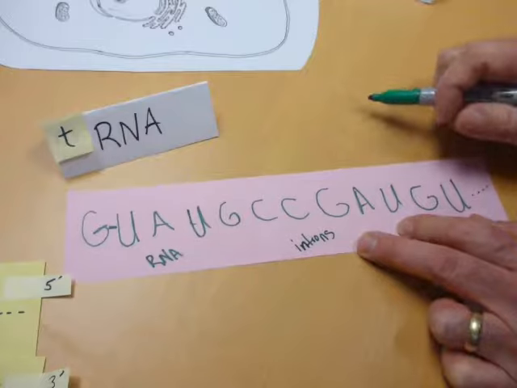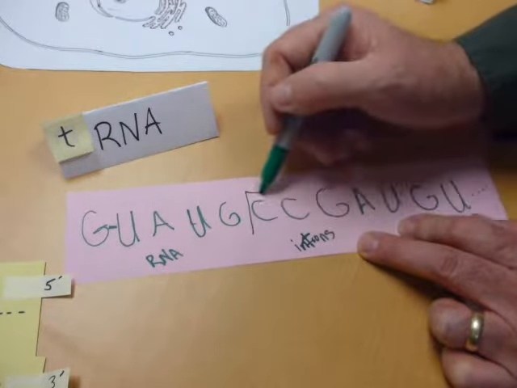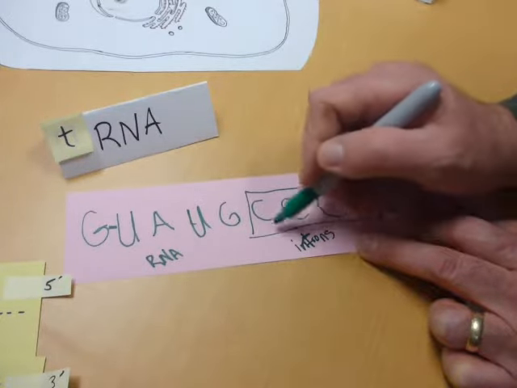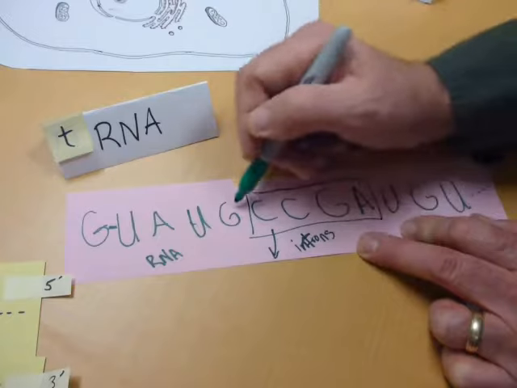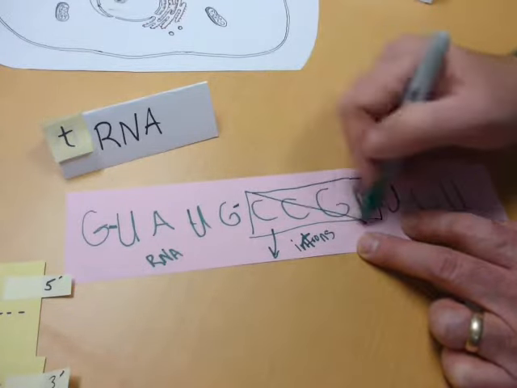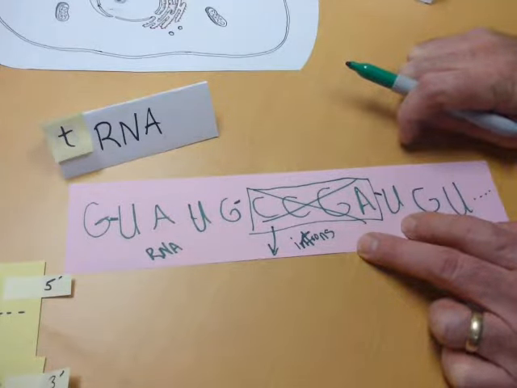Sorry, a bit sloppy there. Those introns are segments of RNA that we don't need. So let's say this whole thing is an intron. We're going to clip that out, make sure that the G is bound to this U, skip over all this, and cut it out. So that's one of the bits.